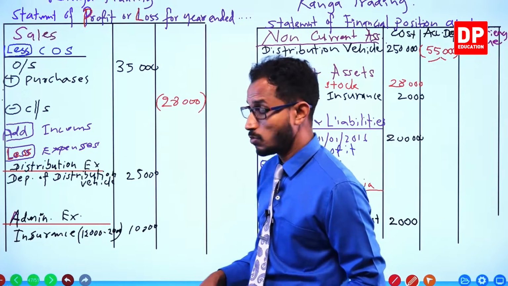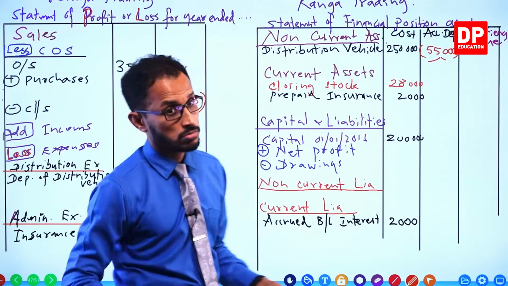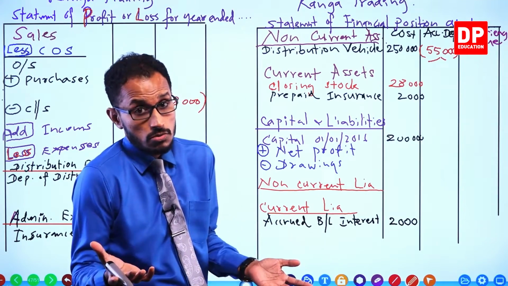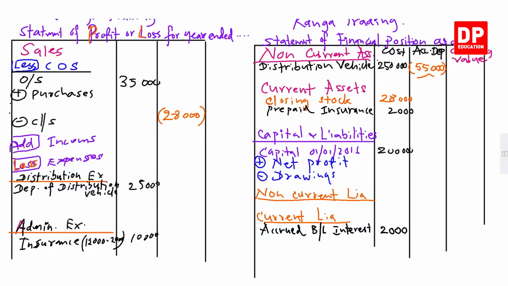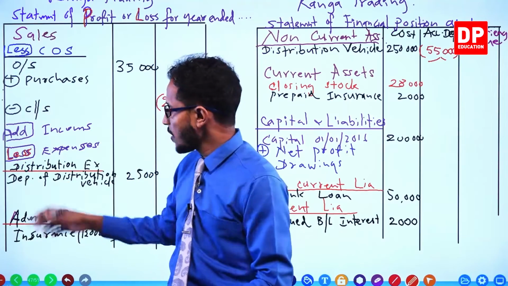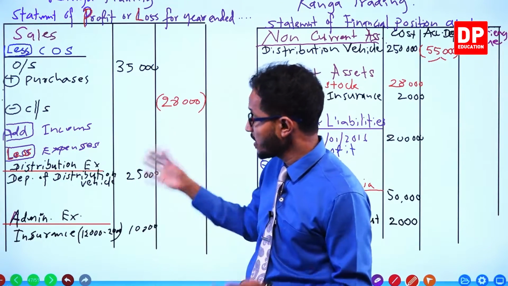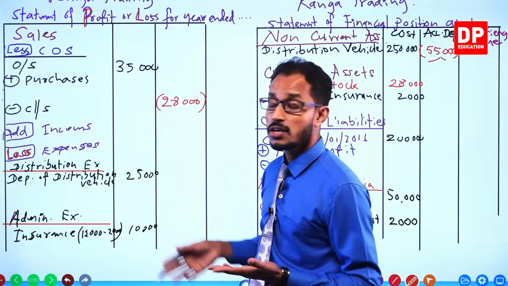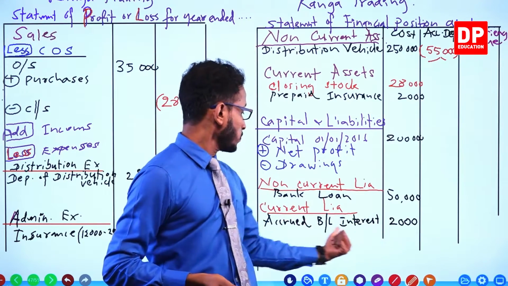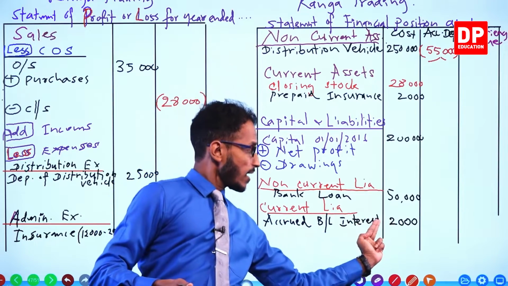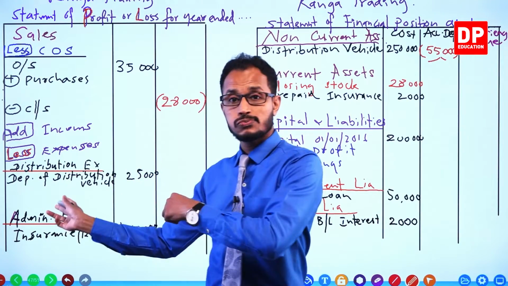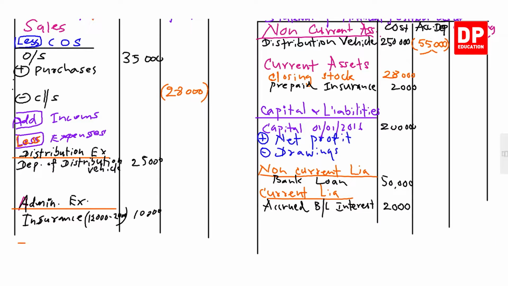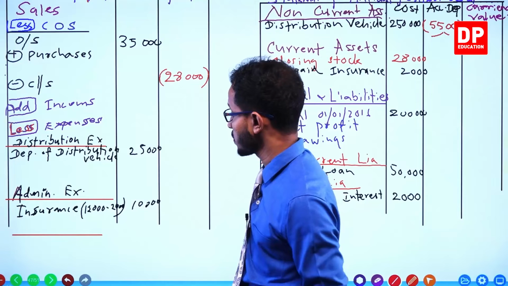Now put it. Oh, we forgot to mention the bank loan. Bank loan. You have to mention the bank loan, 50,000, under non-current liabilities. Now you mention the bank loan interest here in the SOPL, because although accrued bank loan interest is a liability, bank loan interest is an expense. What kind of expense is it?